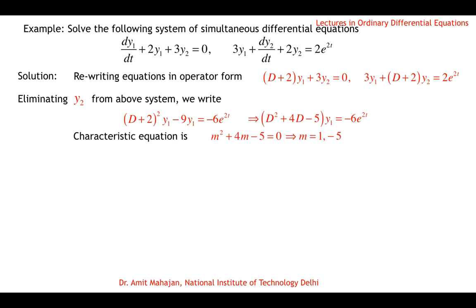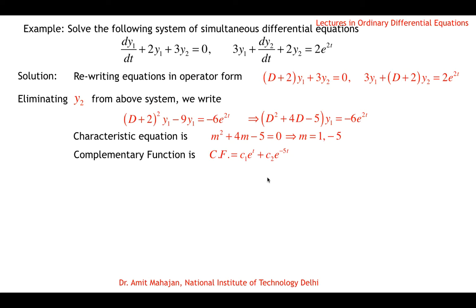This is a polynomial equation, so it will have two roots. So m is equal to 1 and m is equal to minus 5. Both roots are real and distinct, so the complementary function is c1 e^(1t) plus c2 e raised to power minus 5t.